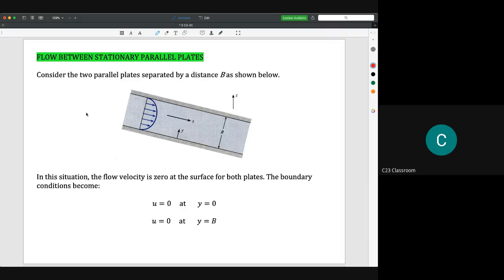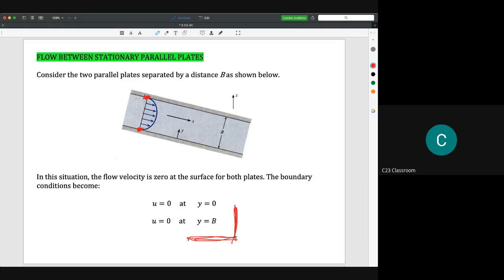First, we start the calculation with equation 1, and then we need to know the boundary conditions. Again, the boundary conditions are not something worth remembering, because they change depending on the situation. But I hope you could remember the tricks to get the boundary conditions. Here we could say that at y equal to 0, the velocity is 0, and also at y equal to b, the velocity is equal to 0.